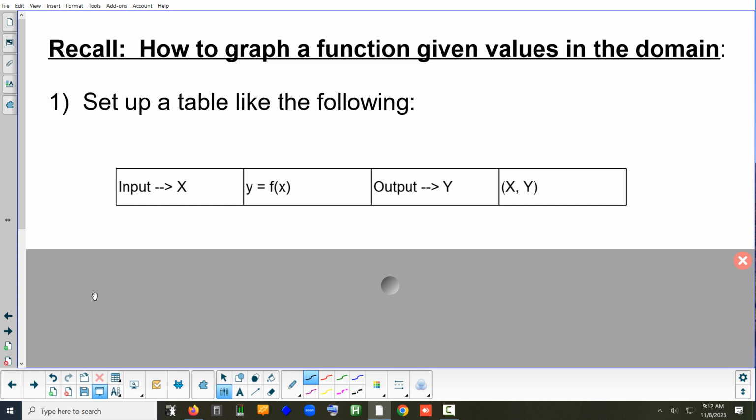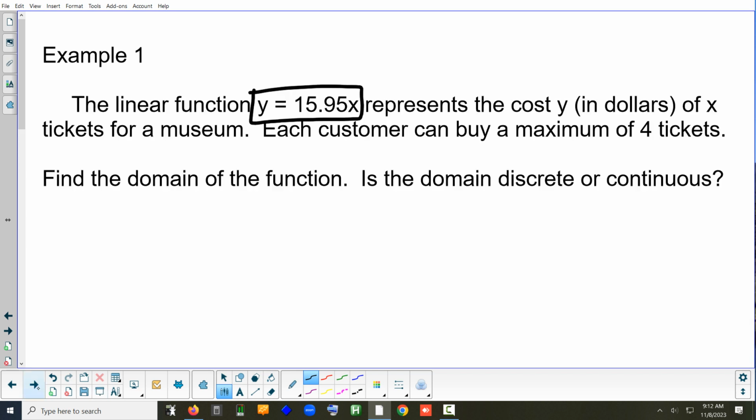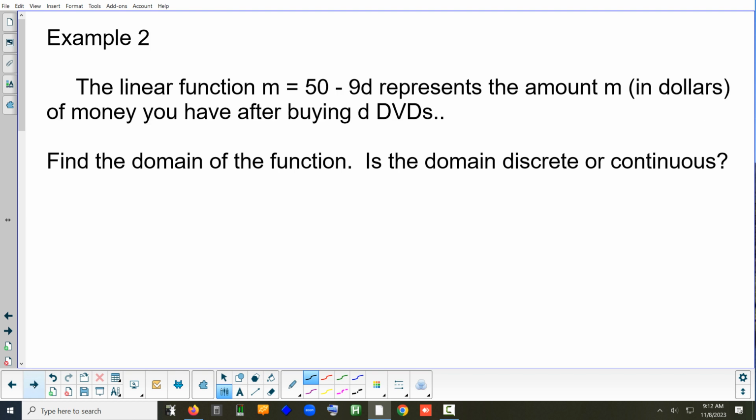So to draw a picture of something, you're going to set up a table with four columns. The first column is going to represent an x value. The second column is going to be a formula. What's the formula? Well, they'll give you the formula, like y equals 15.95x, or m equals 50 minus 9d.